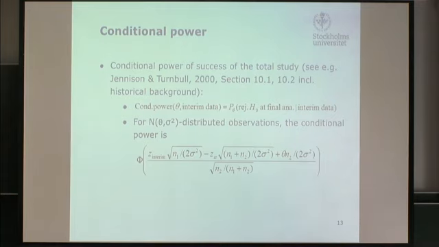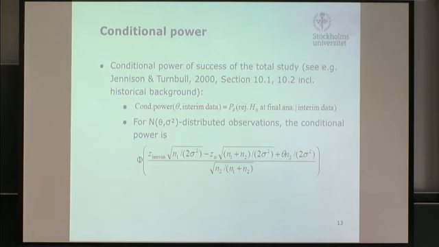And then we have given the interim data, but we still have this unknown parameter theta of the treatment effect. So the conditional power in its first version depends on the unknown parameter of treatment effect.